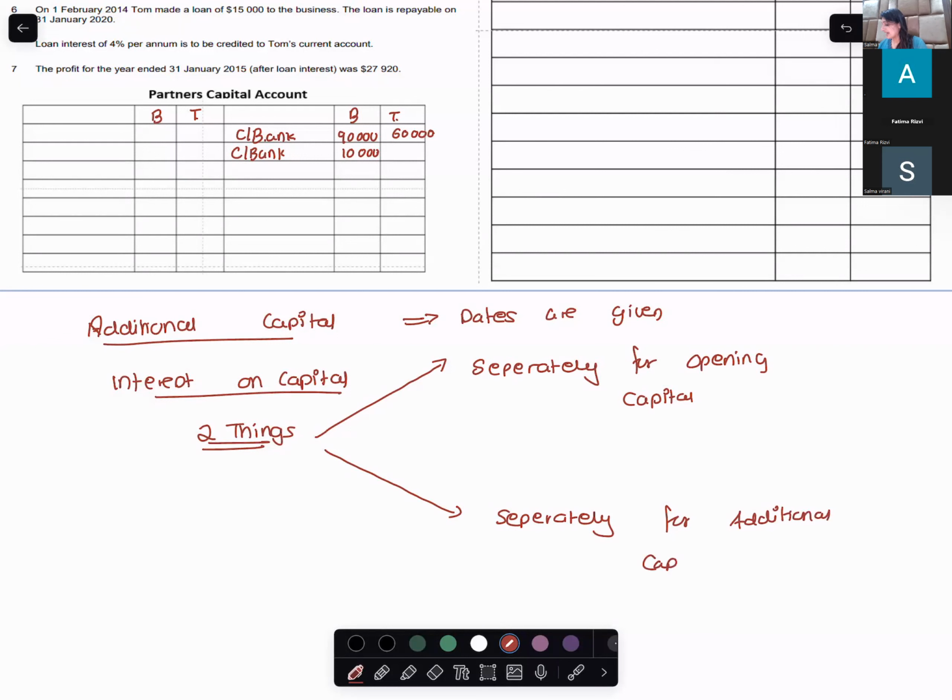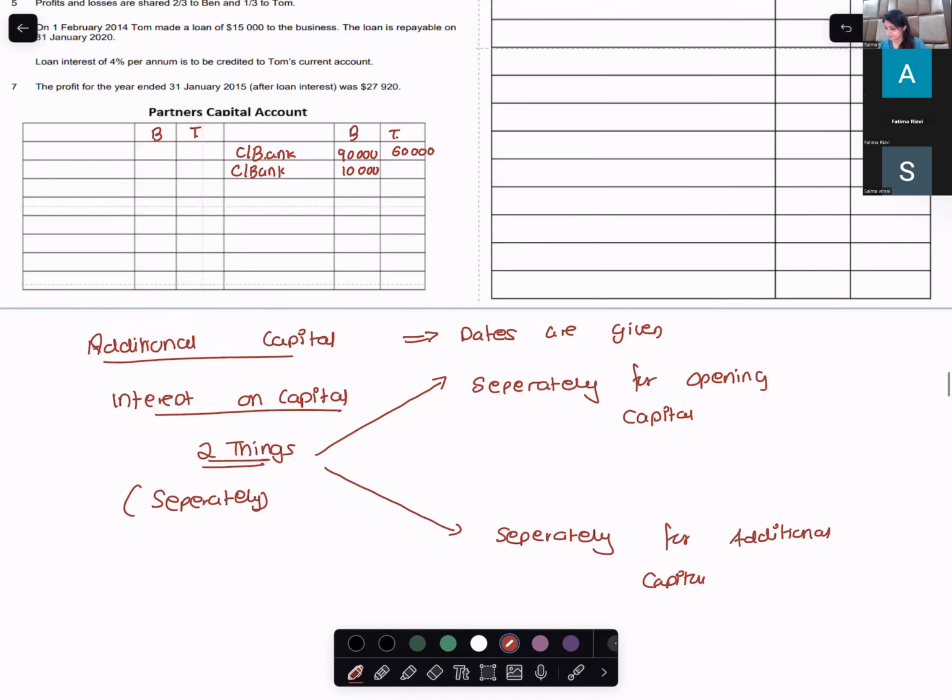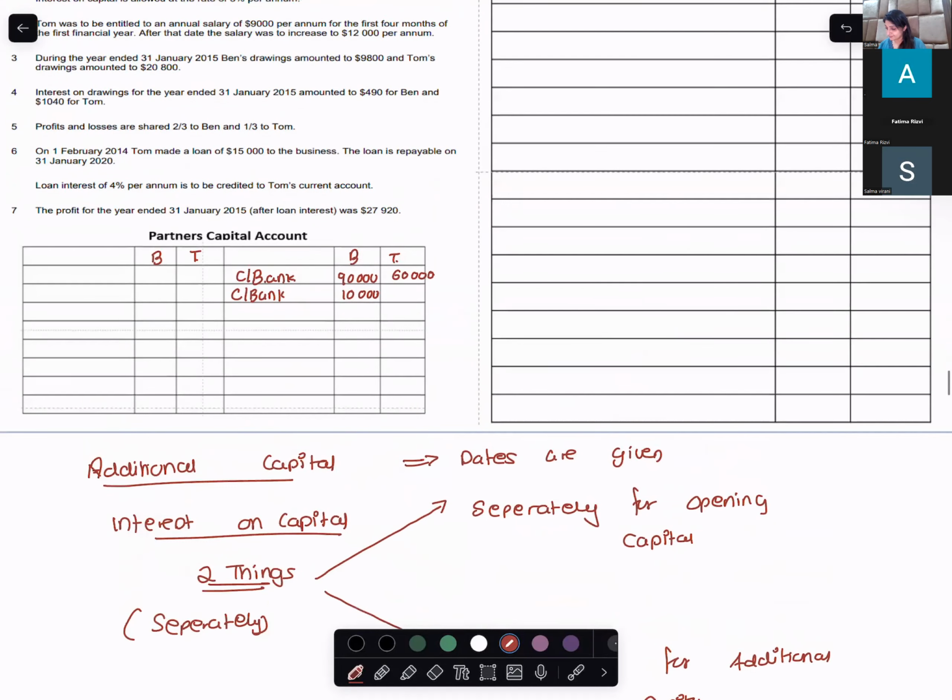So whenever you have additional capital given to you, and the dates are specifically mentioned, interest on capital will be calculated on two things separately: interest on opening capital, and additional capital separately.